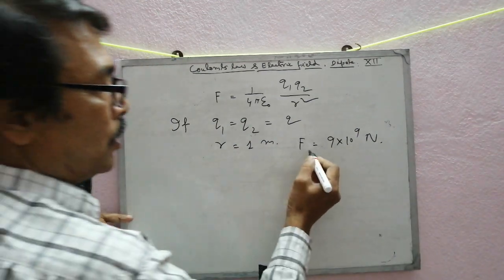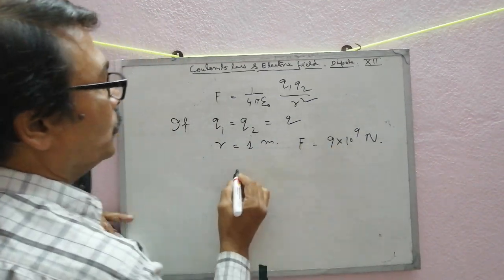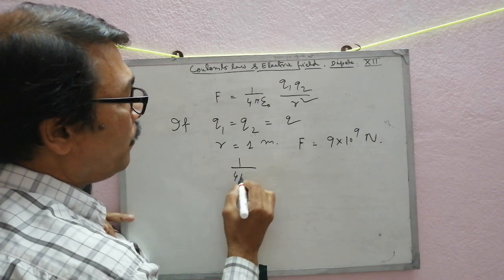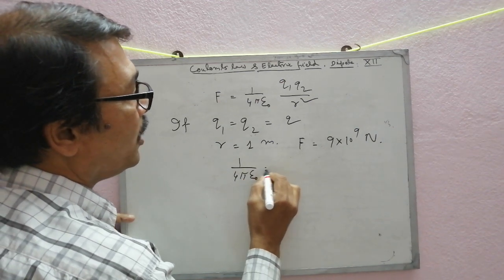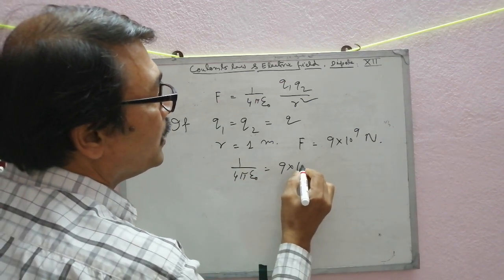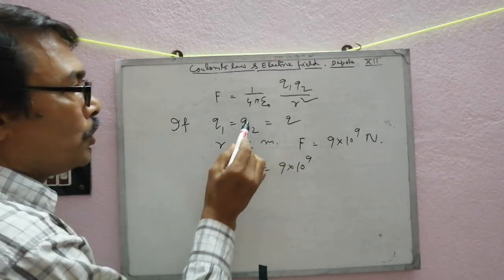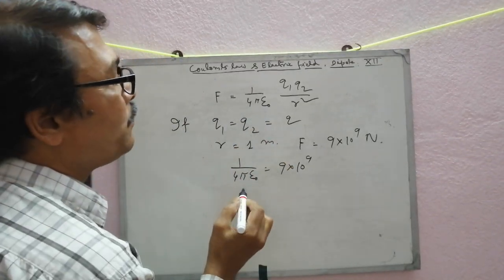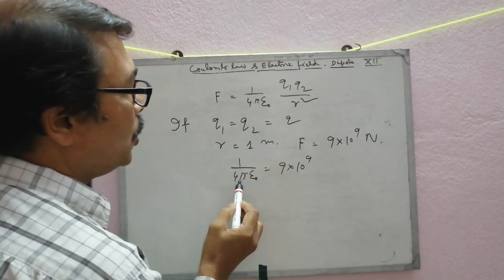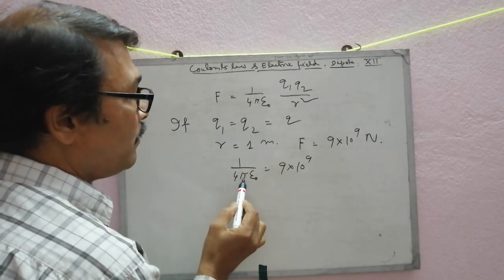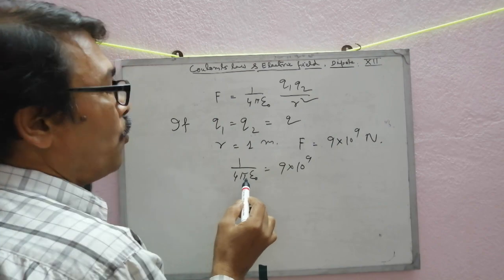Suppose F equal to the value of 1 by 4 pi epsilon equal to 9 into 10 to the power 9, because we know that the value of epsilon 0 is 8.85 into 10 to the power minus 12, and 4 pi value 3.14 times 4.